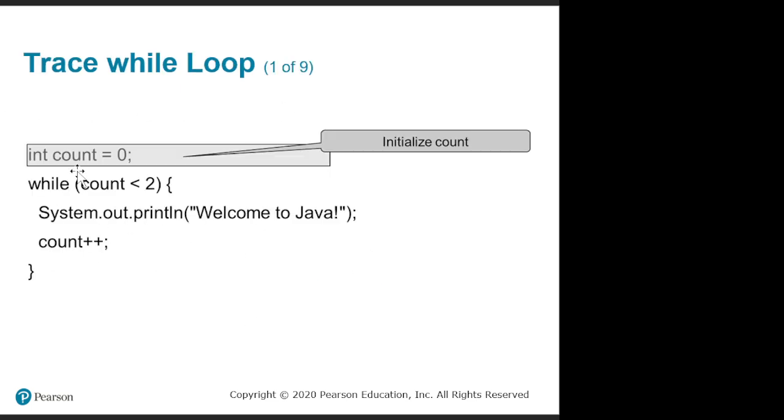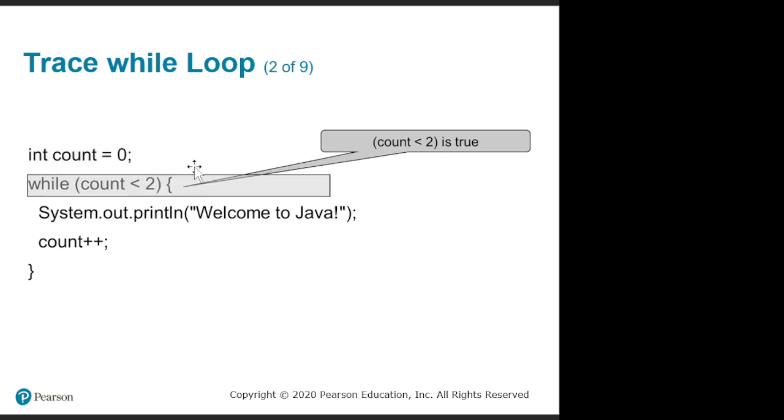Now, in this small while loop, if we work our way through what the logic of the program is doing, when we initially set count equals to 0, we have a memory location that equals 0. Then the while statement goes in, and it's going to say, is count less than 2?